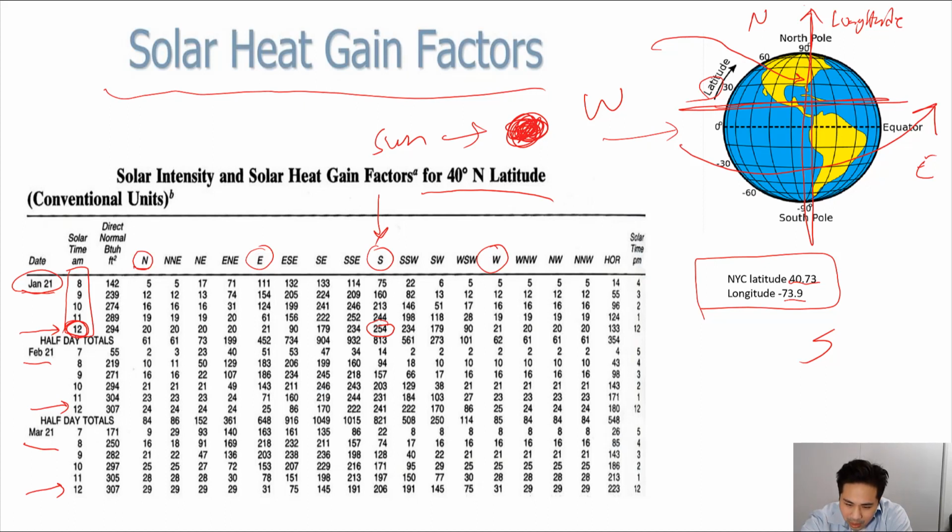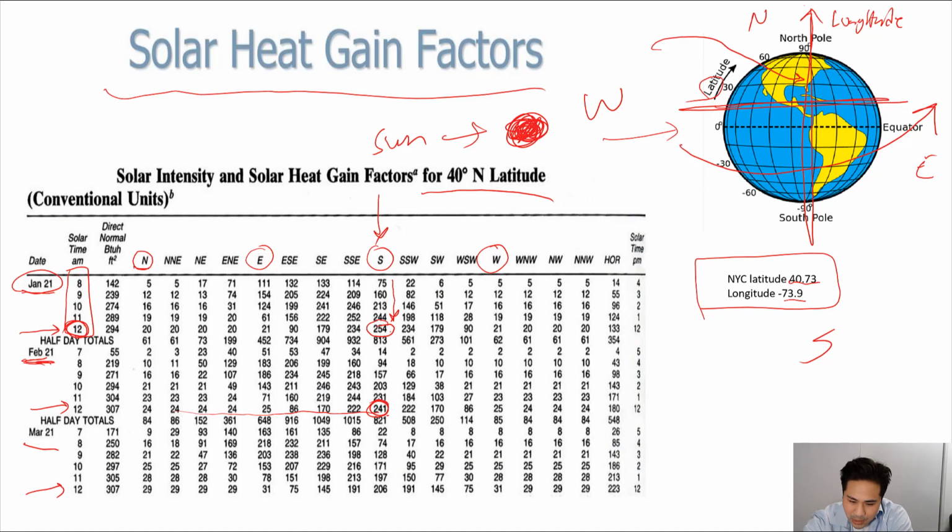And if you look here, that's the highest value on the south side. It occurs at noon, and that's the case for every other day. For example, February 21, if you look across the noon line and south, it's 241.